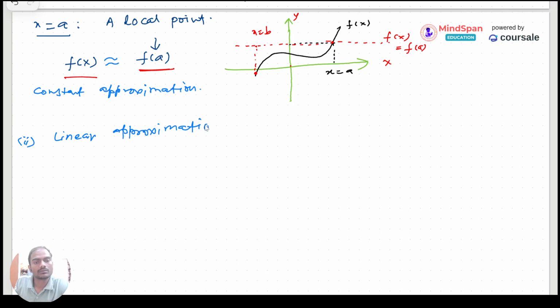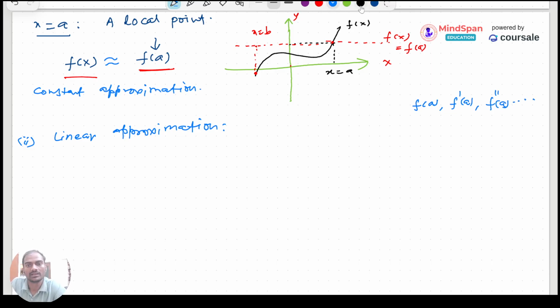Now, try to understand what we actually have. We have not to forget that we have f(a), f'(a), f''(a). All the information we already know about that function, as per a starting point.